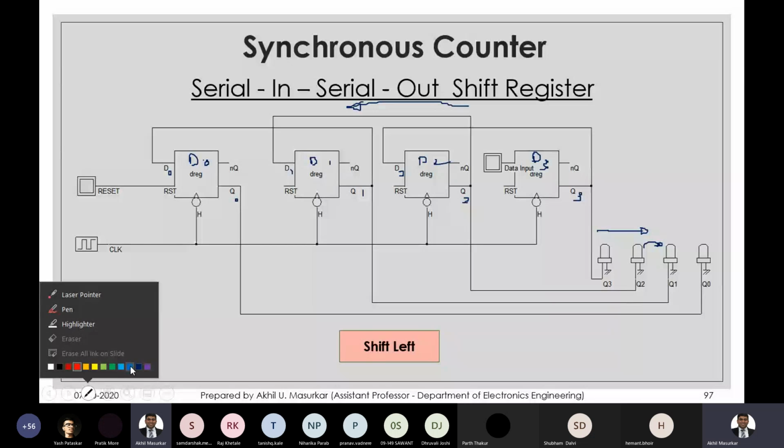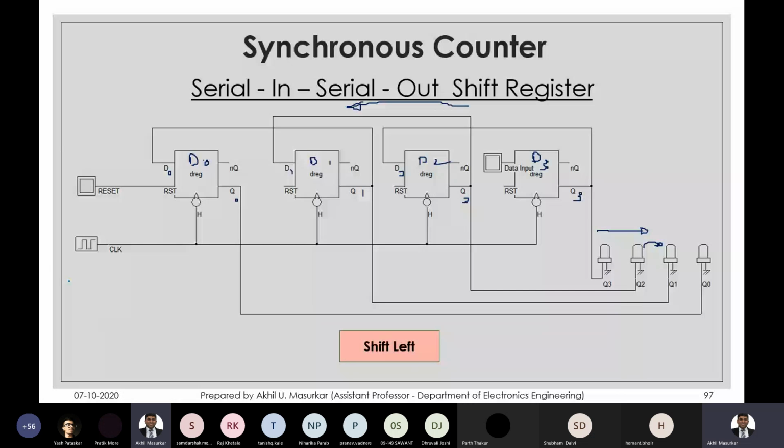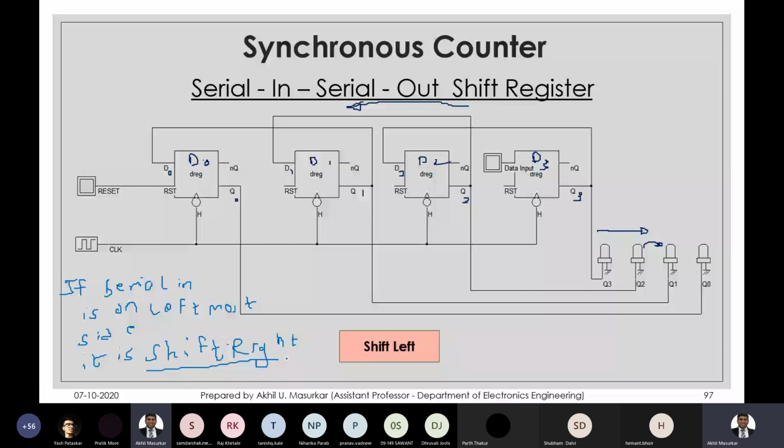You can just take it like this: if serial in is on the leftmost side, it is shift right.